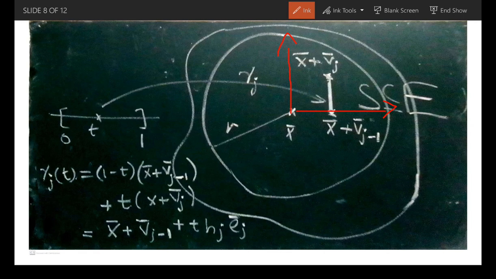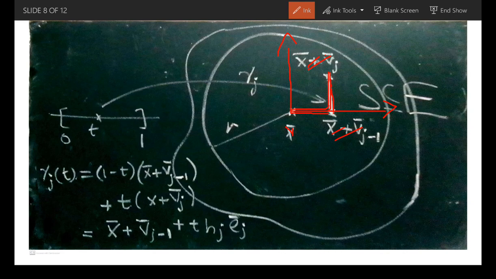So assume that this is x plus Vj minus 1, and this is x plus Vj. So here I am moving parallel to the coordinate axis, first like this and then like this. Now these 2 points lie in S because their distance from the center x is less than r.